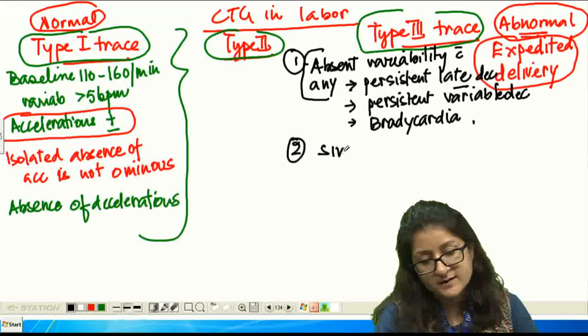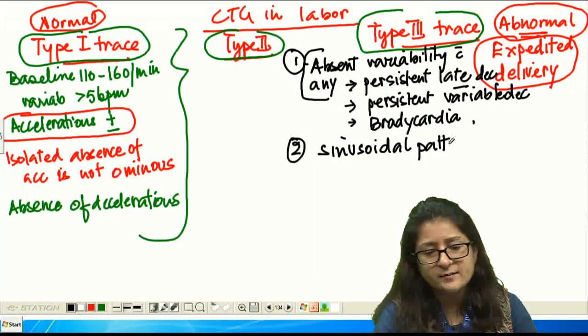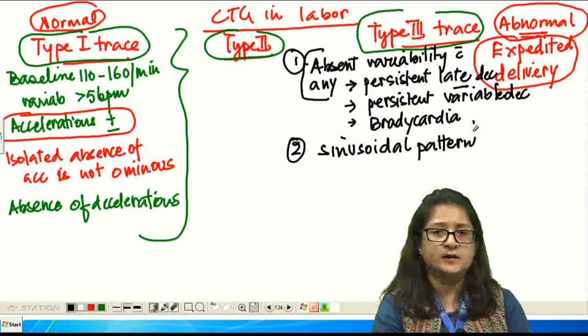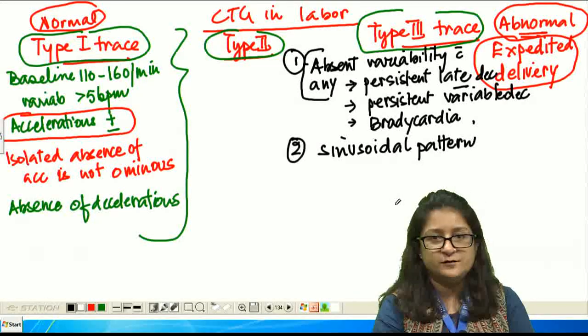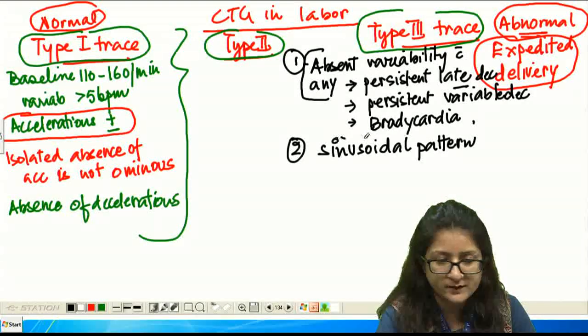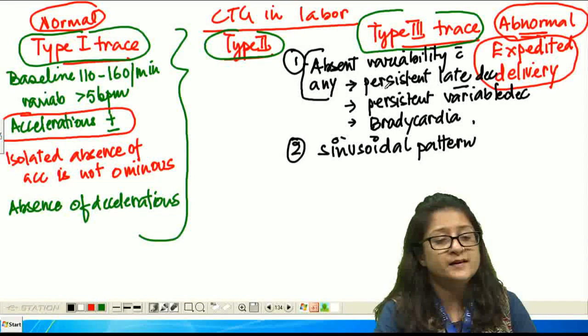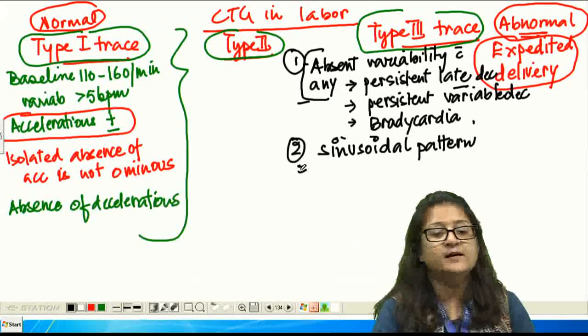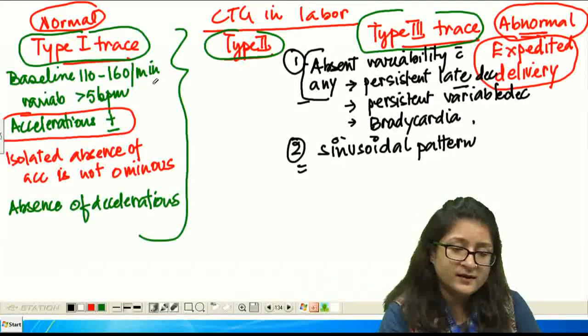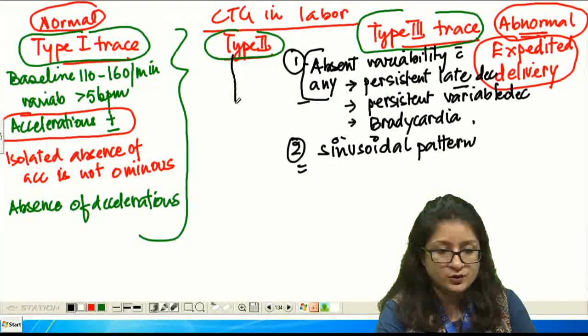Second thing is if it is a sinusoidal pattern. Sinusoidal pattern means that the variability has completely gone. It has become a sine wave kind of pattern. So there is no baseline beat to beat variability anymore. So all these types of traces are type 3 traces. Whatever is in between is a type 2 trace.